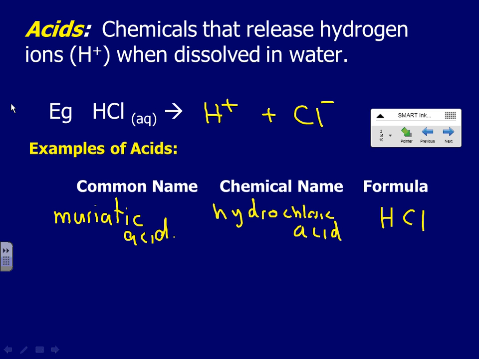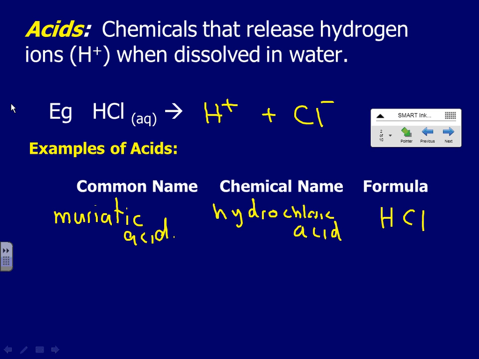Pool supplies, you can get this as well, because if you have a swimming pool that has the pH that is not correct, you need to sometimes bring that pH down. If you're getting the pool ready at the beginning of the year and the water's all out of whack, you can change its pH by adding muriatic acid.